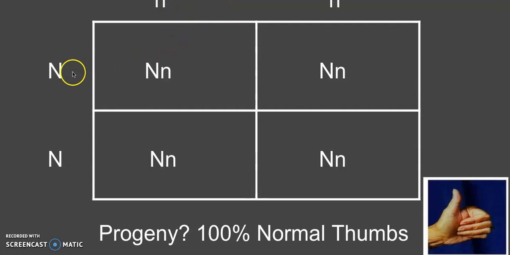And so we can take from here one big N, one little n, one big N, one little n, and so on. They're all going to be the same. And so 100% of the offspring between parent one and parent two are going to have normal thumbs, and they're all going to have this heterozygous one big N, one little n genotype.